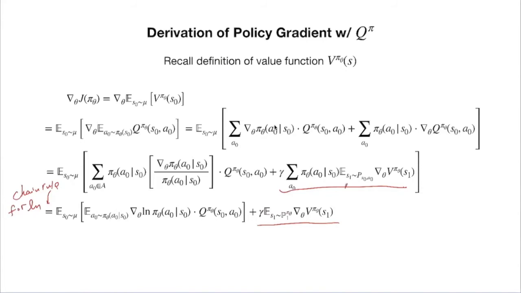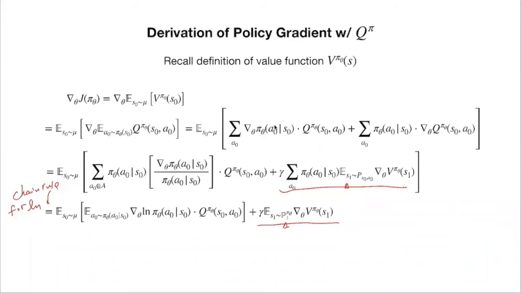So how did I get S1? S1 is based on S0 that is sampled from the initial state and A0 sampled from our policy pi theta, right? So that means S1 is indeed coming from this distribution, the distribution at time step 1 that is parameterized by policy pi theta.